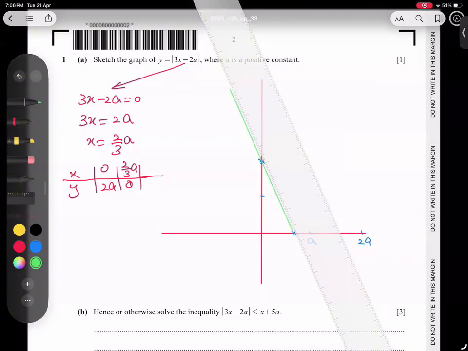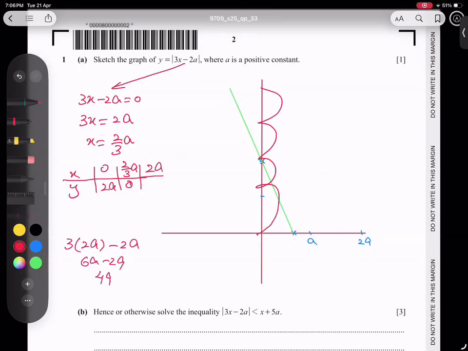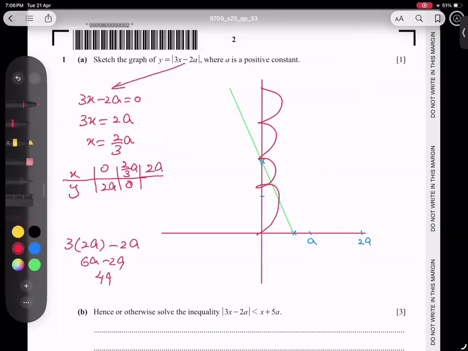Now I need one more number. How to make one more number? A number after that. For example, I take 2a. When I take 2a, let's plug in 2a in place of x. So I get 6a minus 2a, I get 4a. So 4a is, this is 2, 1, 2, 3, 4, so somewhere on the top.